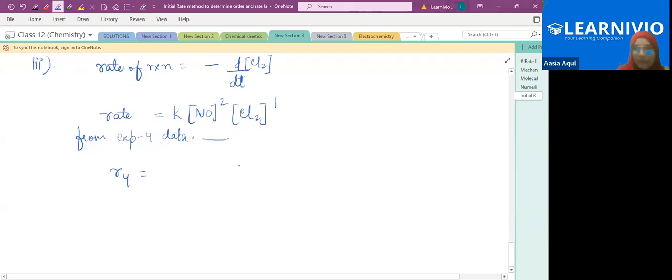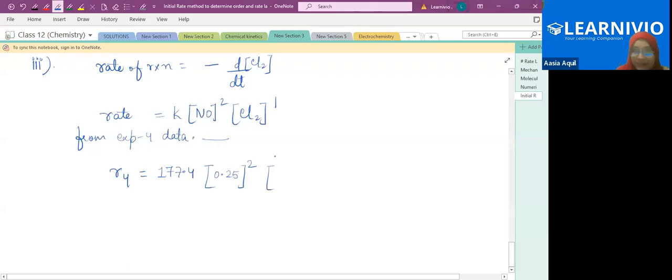So the K value we have calculated, right? We have calculated the rate constant value, which is 177.7. Just put that value here. Now use what is given in the fourth experiment: the concentration of NO is 0.25, square.